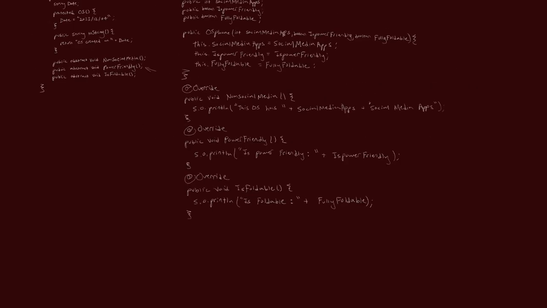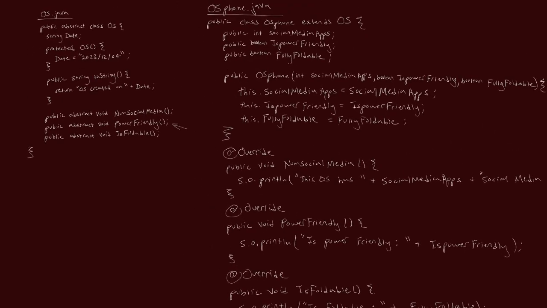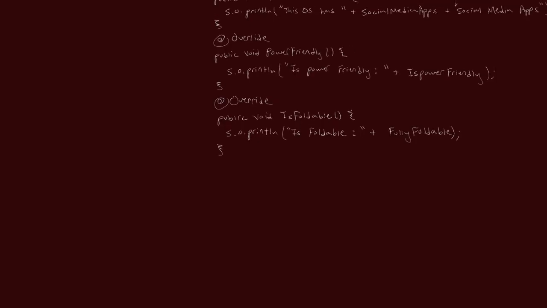Okay, another thing I'm going to do is override the toString method and include one here. So public String toString.